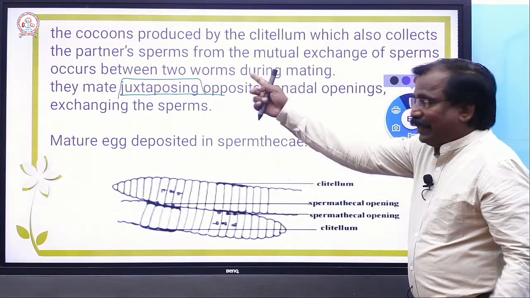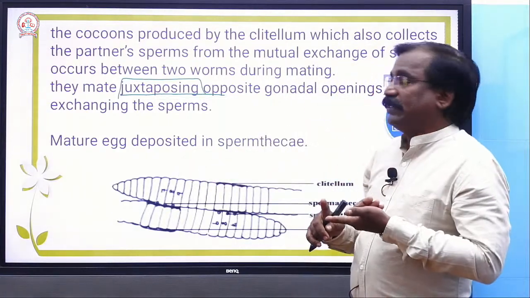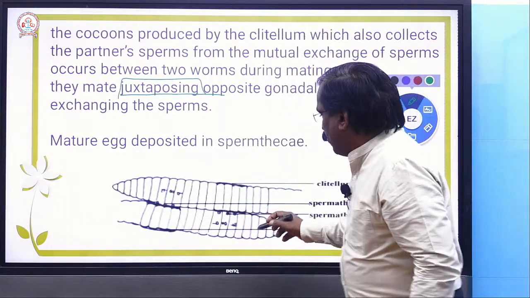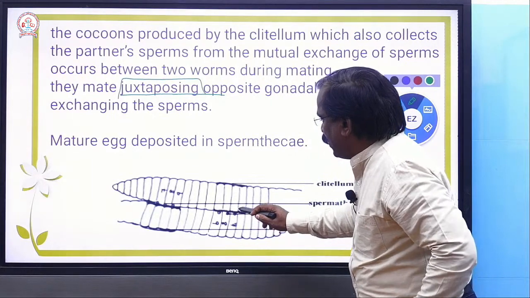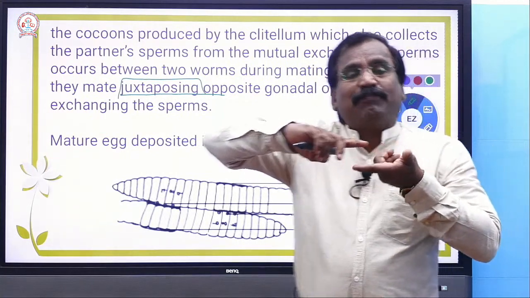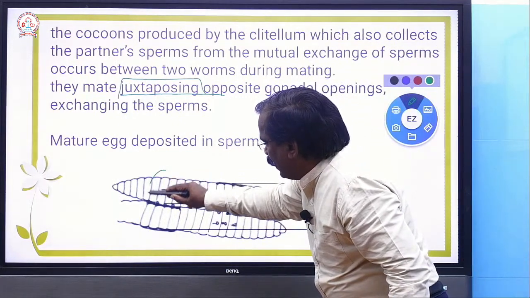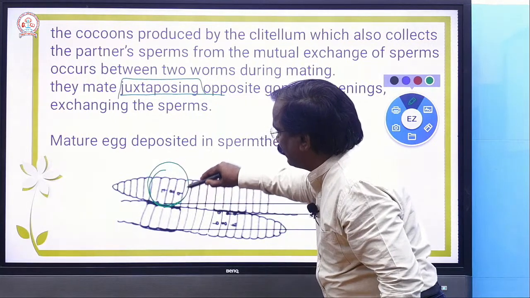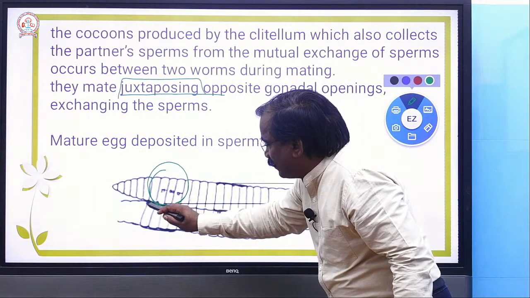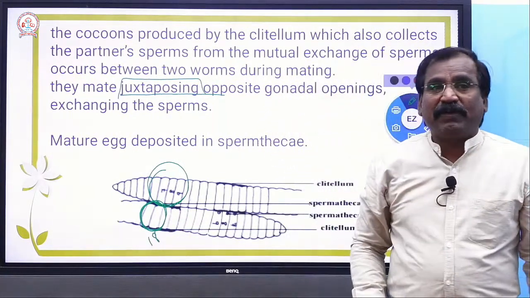Listen. During this juxtaposition, the male genital aperture, which is located in the 18th segment, is arranged close to the spermathecal openings. Here is the anterior side, that is 7, 8, 9, where the spermathecal openings are, and this is the 18th segment, where the male genital apertures are located.